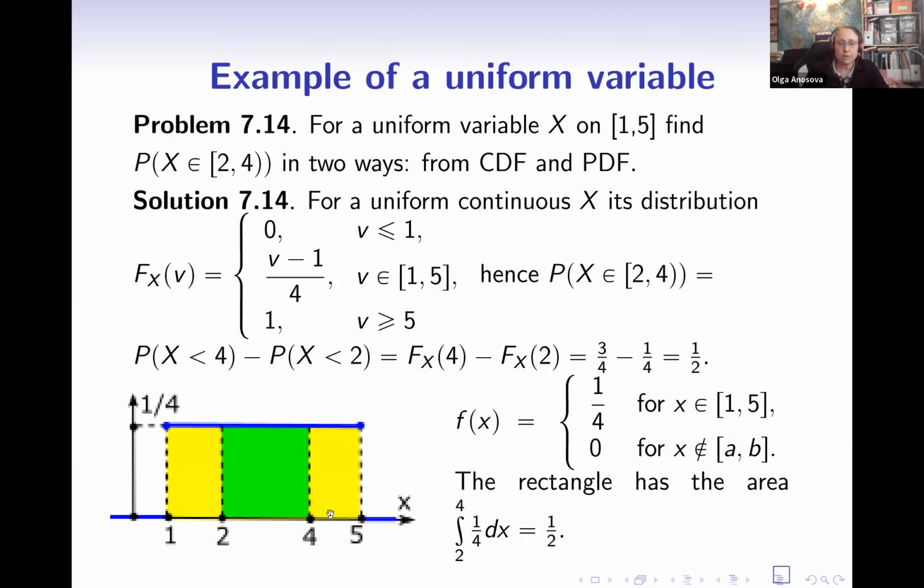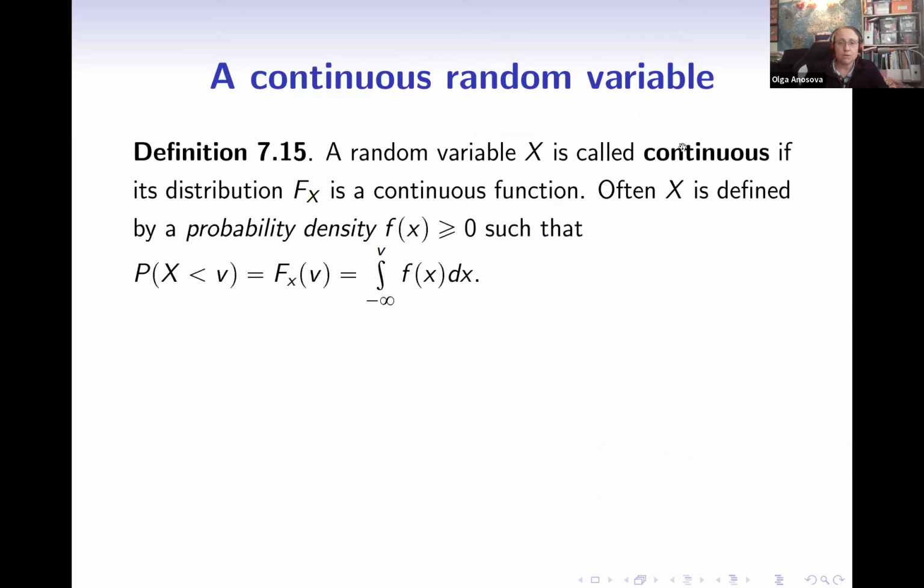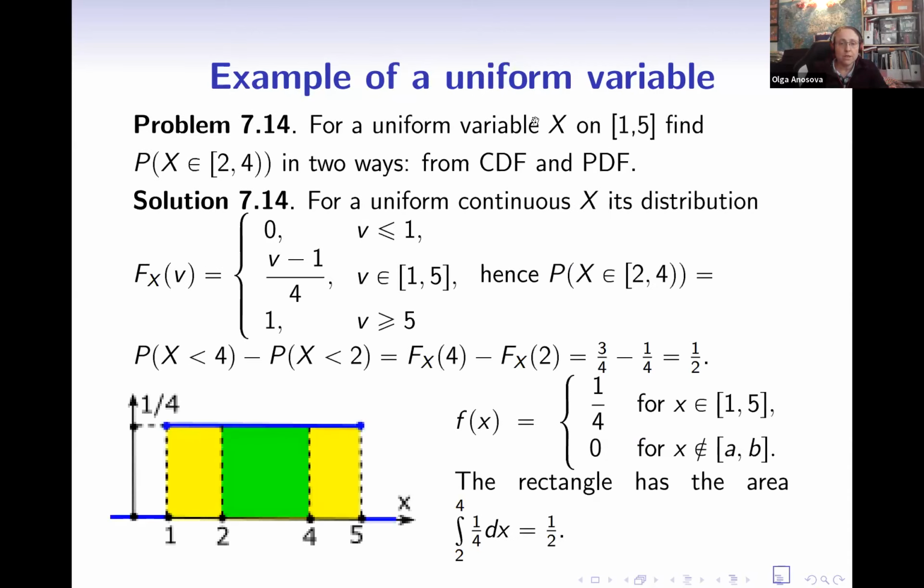Now we have everything to define the general case of a continuous variable. The variable is called continuous if its cumulative distribution function is continuous. Let me notice that the density does not have to be continuous. Well, exactly what we have with the uniform variable, right? The density function was not continuous.